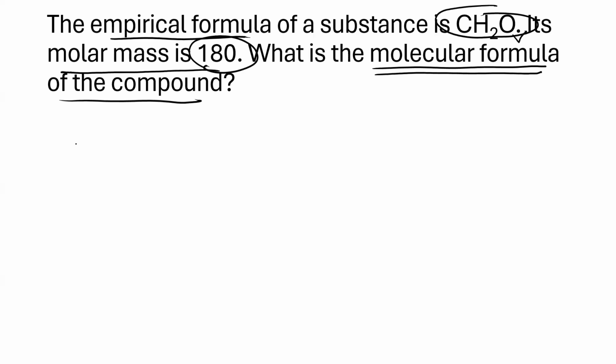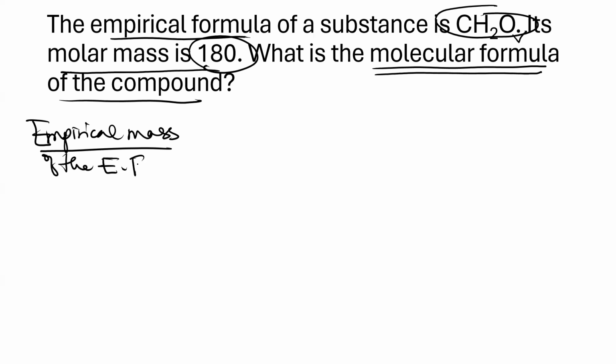To solve this, we get the empirical mass of the compound, of the empirical formula. Our empirical formula is CH2O, and getting the empirical mass would involve adding the molar masses of the elements within the empirical formula.